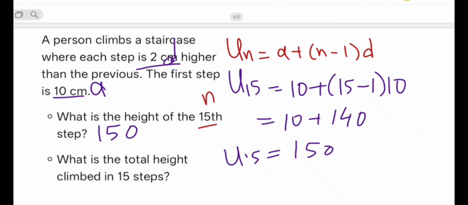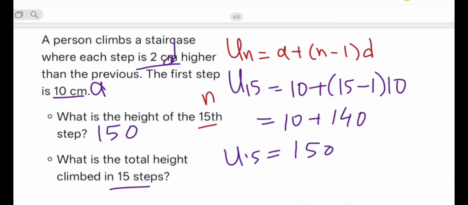Now they are asking, what is the total height to climb the 15 steps? You will add the first step 10, plus 12, plus 14, like that, because the first one is 10, the next one is 12, the next one is 14, up to the 15th step, you will add.